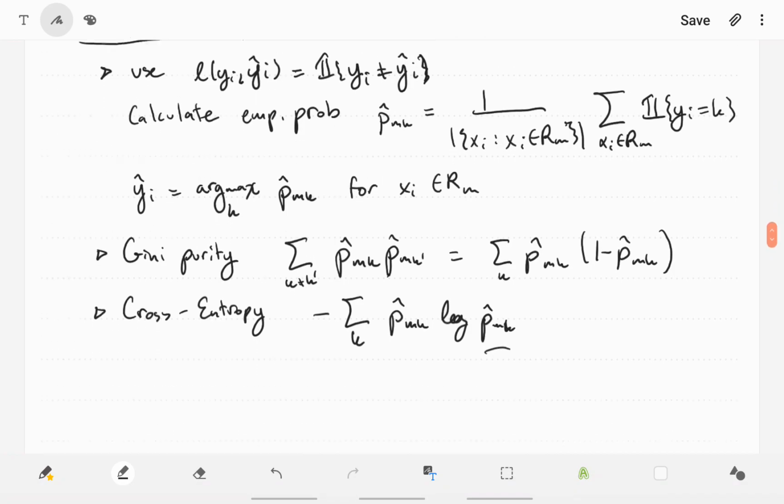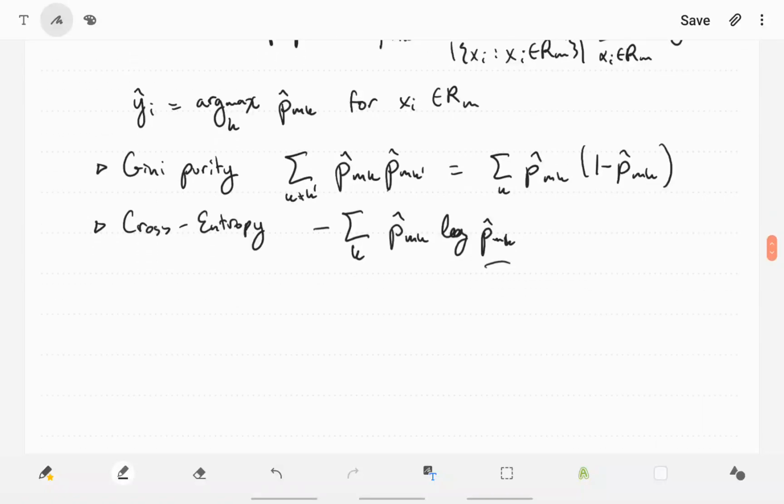Now, how do you select a stopping criterion? There are many of these, and some complicated pruning strategies, but I'm just going to tell you about one, which is to fix the depth of the tree and think of the depth of the tree as your tuning parameter.